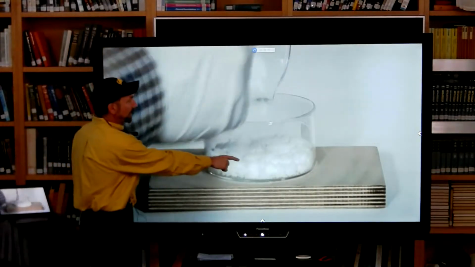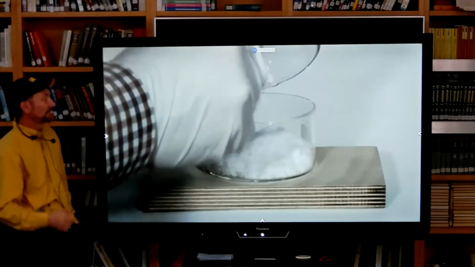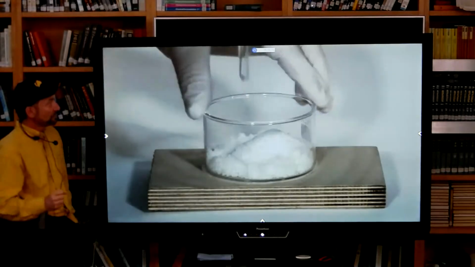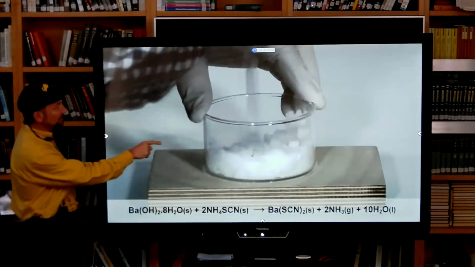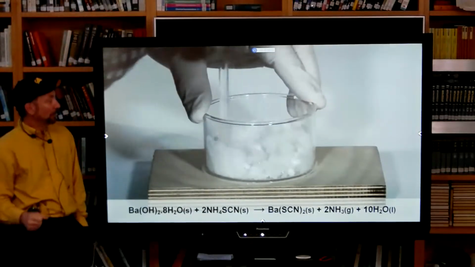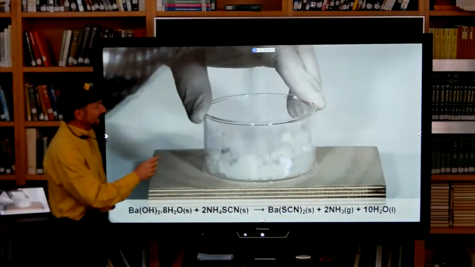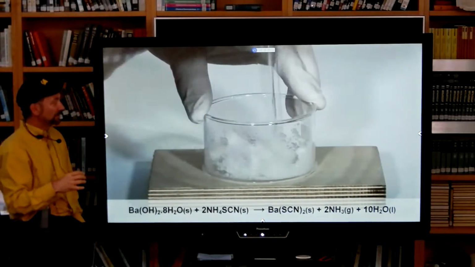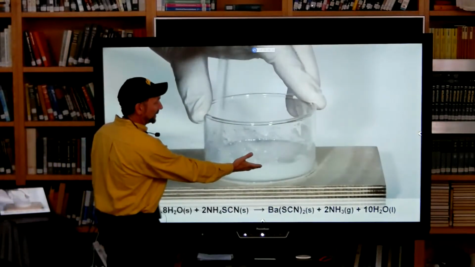This has barium hydroxide and sodium thiocyanate, and there's a little bit of moisture. We're just going to mix those two things together, both solids. And as that is mixed, you can see a chemical reaction occurring.